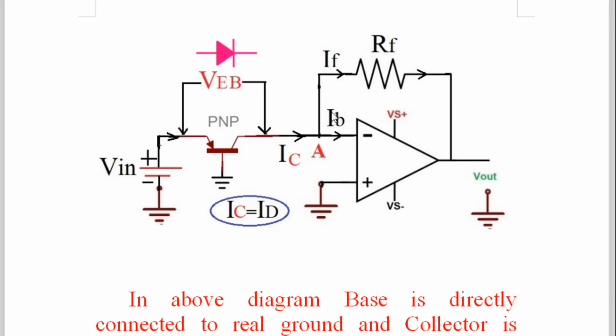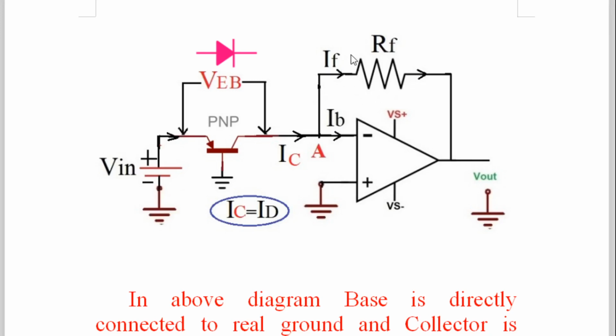Therefore IB is very less. I told you why it is IB: inside the op amp there is a transistor in the first stage, and this IB is the base current of that transistor. So here IB is very less. Therefore it is said that this collector current, which is nothing but again a diode current, is 99.99% diverted to the feedback path.